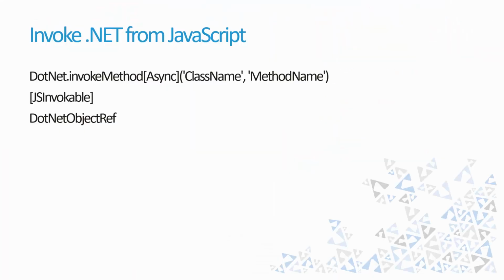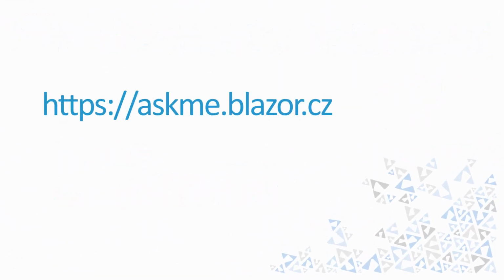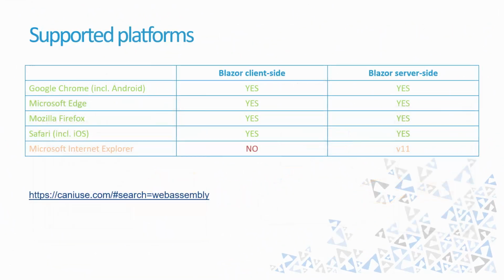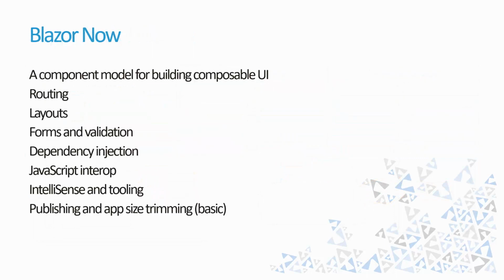So the very last thing I can show you is probably the roadmap. This is what is currently already implemented. The server-side Blazor model is almost production ready, and it will be part of the ASP.NET Core 3.0 release in August or September.